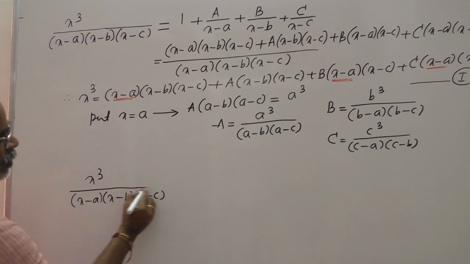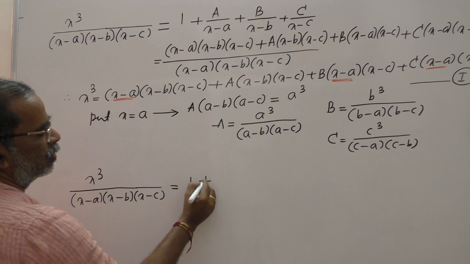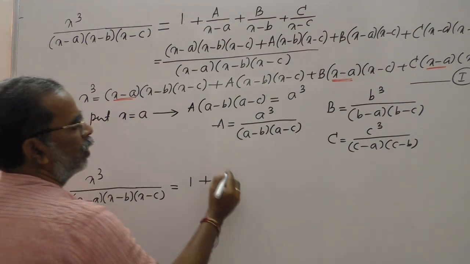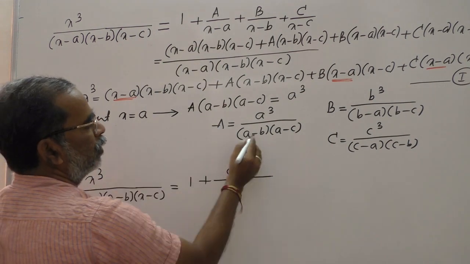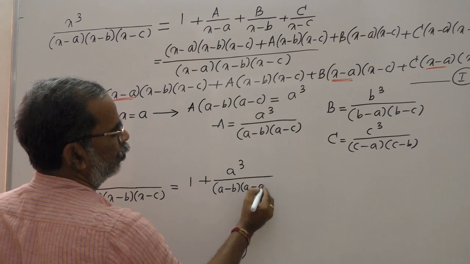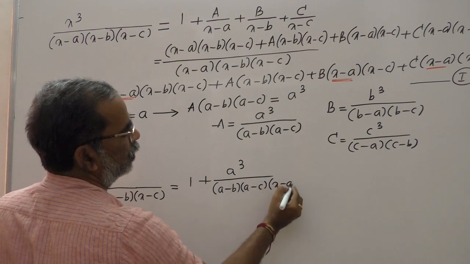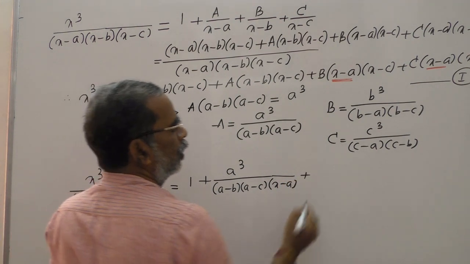Therefore, the answer for the given fraction x cube by x minus a into x minus b into x minus c can be written as 1 plus A by x minus a, where A is a cube divided by a minus b, a minus c. And what is B?